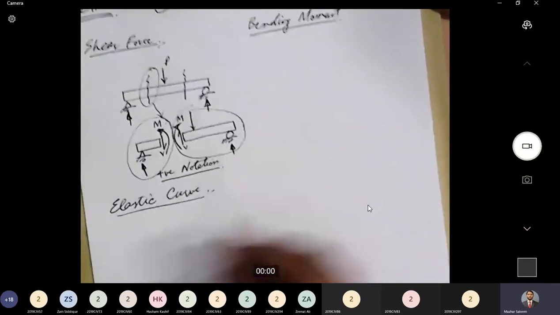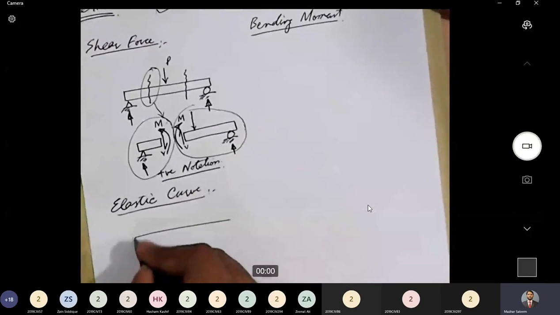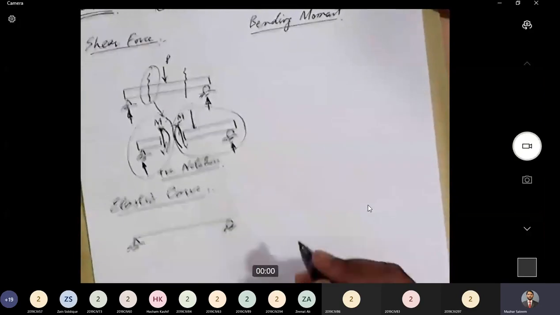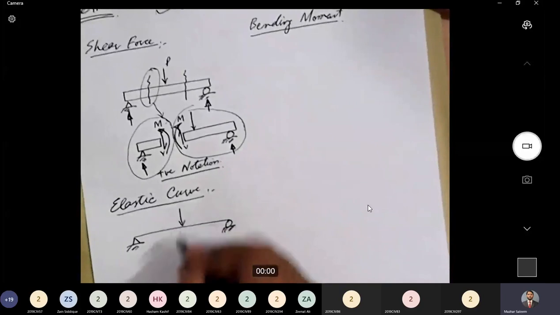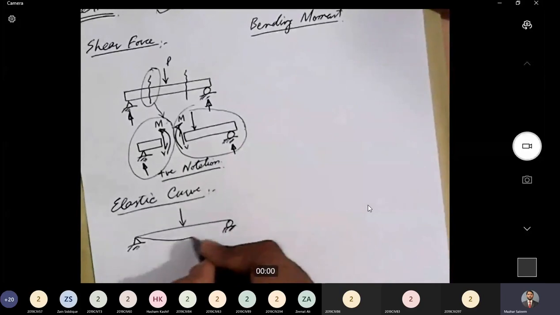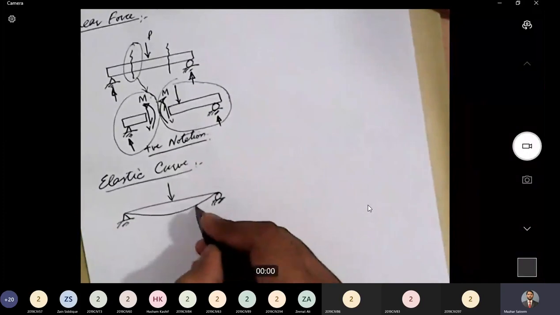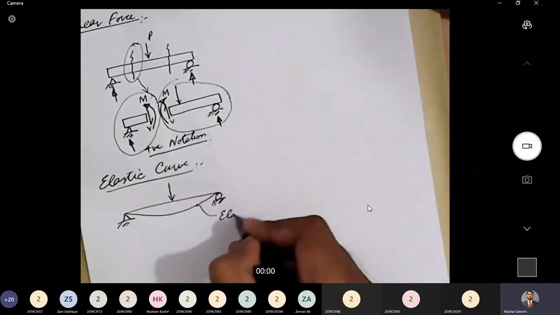Now supposedly I have a simply supported beam and a load is acting here. So the beam will bend down like this. So this line is the elastic curve.